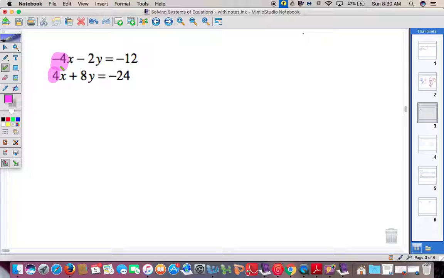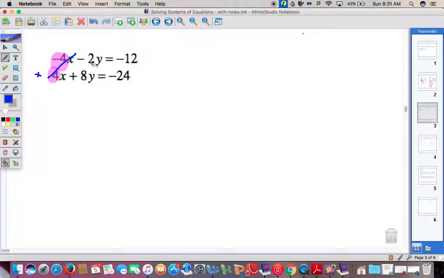So if I have negative 4x minus 2y equals negative 12, and positive 4x plus 8y equals negative 24, I can easily solve for y, because if I add these two equations together, negative 4x plus 4x is going to cancel each other out.